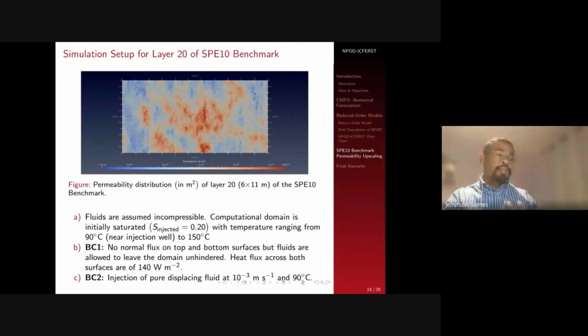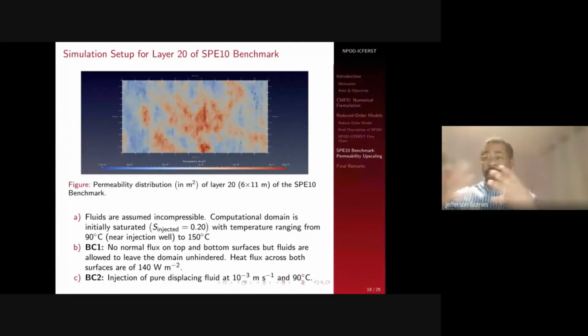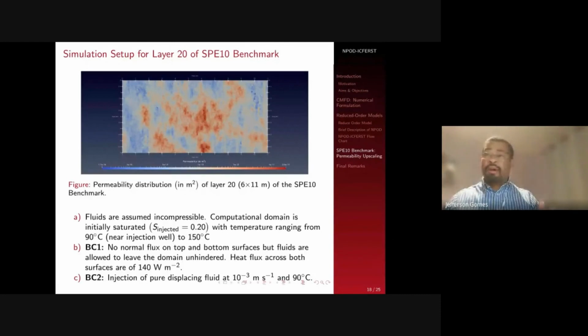So what we did here was to impose Neumann boundary conditions up and down, just a heat flux boundary condition on those two surfaces. This value here is 100 times larger than it should be, and the usual value is 0.14 watts per square meter for a reservoir. But again, if you keep this value, we have to wait a long time.